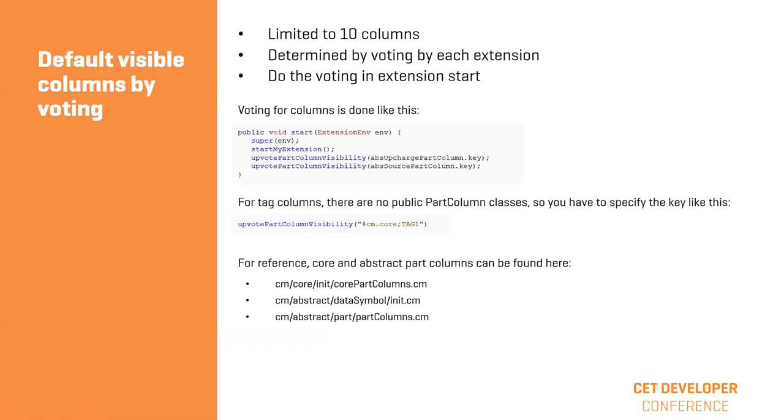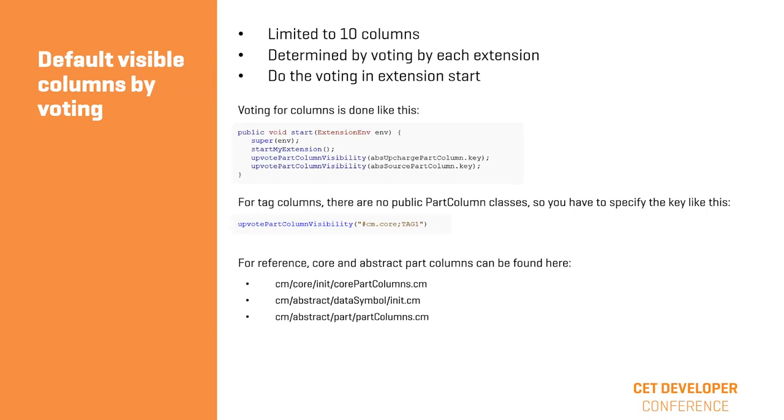And I think what it says here, it's limited to 10 columns. I believe that only 10 columns will be additionally visible through this system. But the point is that each extension should, in its start method, do this voting if they want to. And then as a result of this, the user will get the most relevant columns.